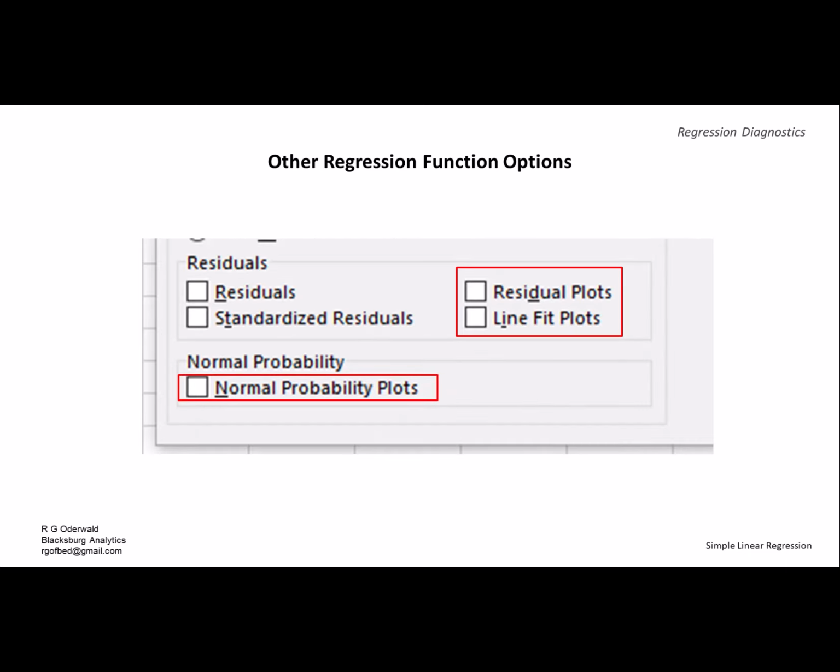The lower third of the regression function concerns residuals and several plots. Residuals are the prediction errors from the regression line. These can easily be calculated in the spreadsheet, but they don't hurt anything if requested. Three plots are optional in this portion: residual plots, line fit plots, and normal probability plots.